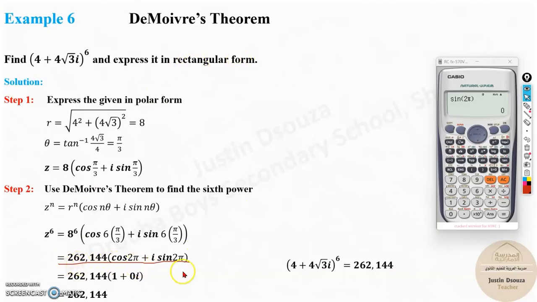This over here is the polar form answer, but don't stop. You need to continue to the rectangular form. Solve this in the calculator, very simple. Then you will get this final answer, which is DeMoivre's theorem for raising to power 6 in rectangular form.